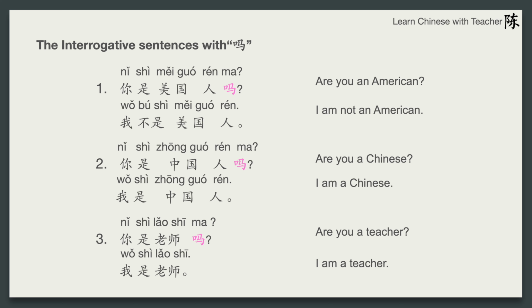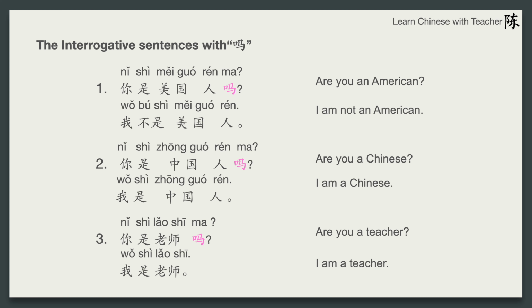The second one, 你是中国人吗？ You are a Chinese? 我是中国人。I am a Chinese. The last one, 你是老师吗？ You are a teacher? 我是老师。I am a teacher.